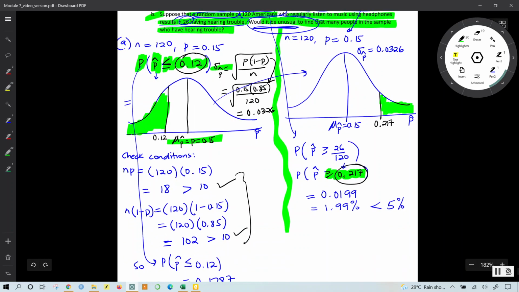So in this case, the correct answer finally would be it is unusual, since the probability is very low, that is, less than 5%.